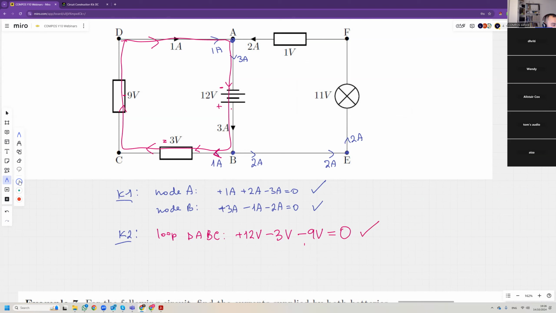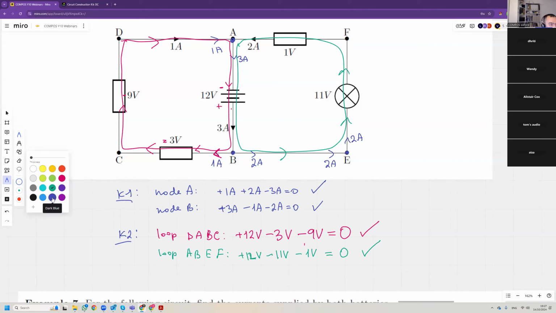Let's take another loop. Let's take loop ABEF. So we draw this loop. Loop A, B, E, F. We have plus 12, minus 11, minus 1 volt, which is 0, of course, checks out.